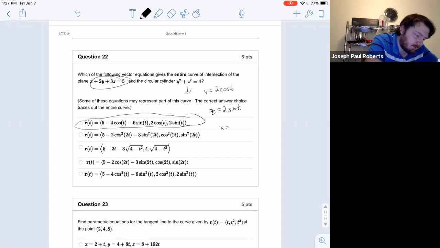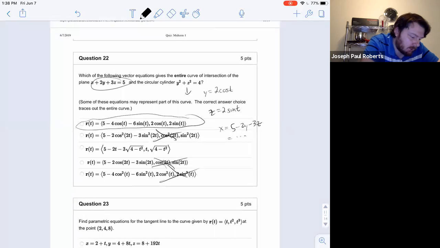So yeah, x would then be 5 minus 2y minus 3z. And so plug in 2 cosine t, 2 sine t to get that. Cosine squared and sine squared, we just don't want. That just straight up does not work. Cosine 2t, sine 2t, when you do y squared plus z squared, you'll get 1, so that doesn't work. This doesn't work.